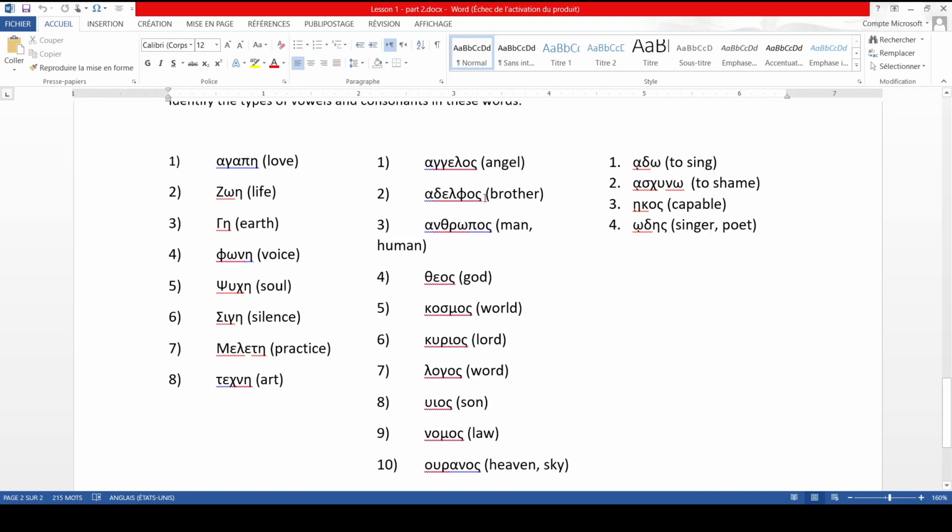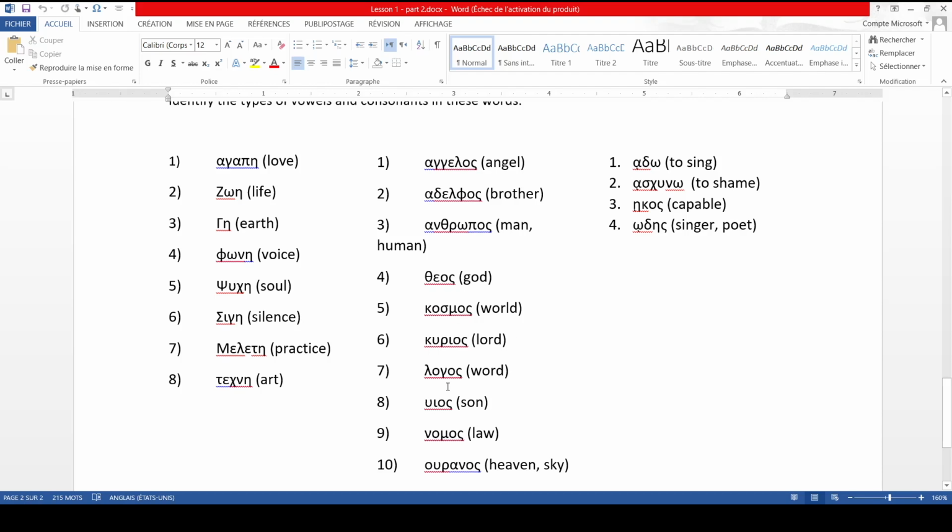We have angelos, angel. Adelphos, brother. Anthropos, man or human. Theos, God, like in theology. Cosmos, world, like in cosmology. Kurios, Lord.